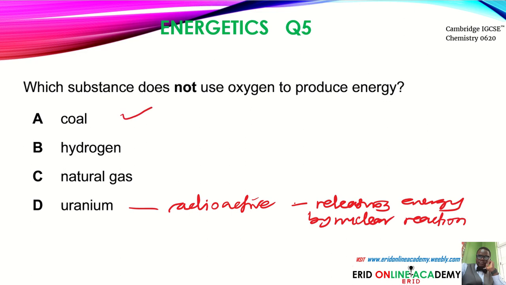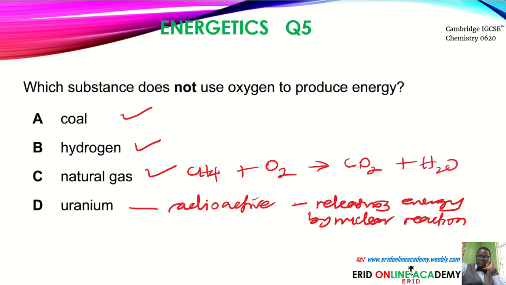Coal requires oxygen, hydrogen requires oxygen, and natural gas, which is your methane, requires oxygen for its combustion, producing carbon dioxide and water.